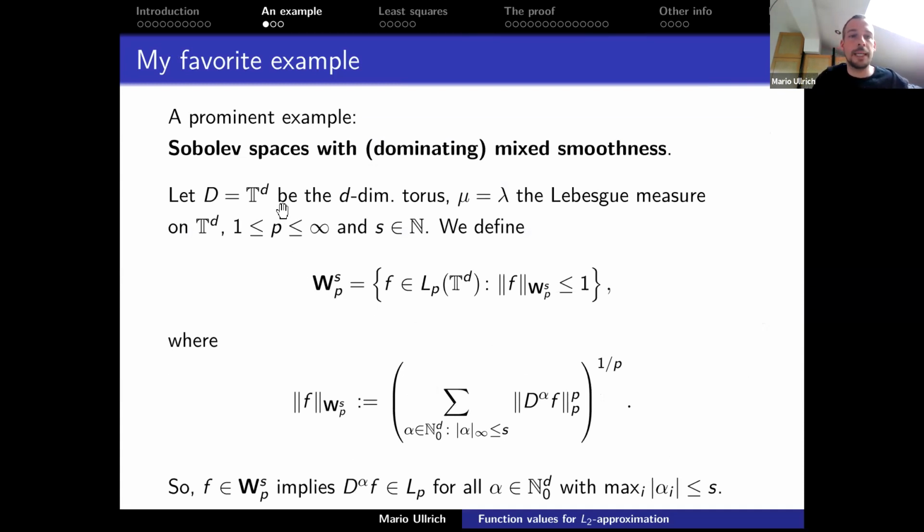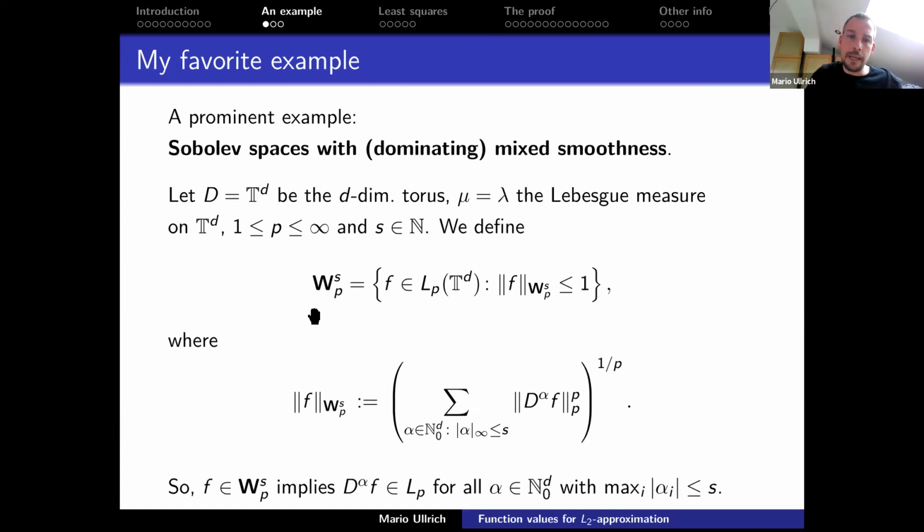You know that we take Sobolev spaces with mixed smoothness, and we define them in the usual way. We take the torus, we take the Lebesgue measure as the measure, we take some p between 1 and infinity, and the smoothness s is now a natural number. It is not so important for this definition.